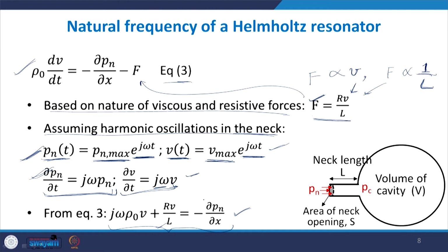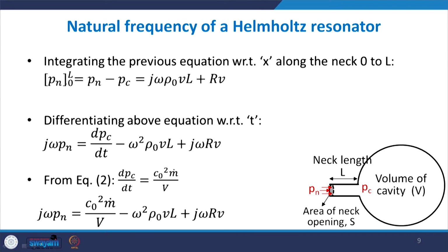If we integrate this with respect to x, we get the overall pressure from one end to the other end of the neck. So, let us say from 0 to L; this is the domain of integration. So, Pn from 0 to L: the value at the point where the sound is incident is Pn, and at this other end, due to continuity of pressure, the value has to become Pc, the pressure at the cavity.